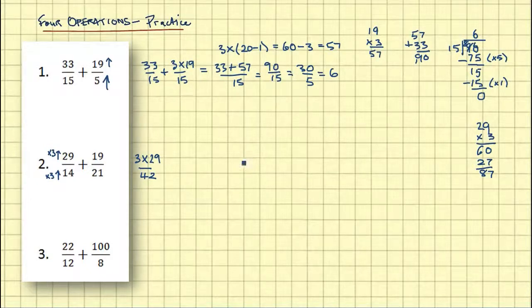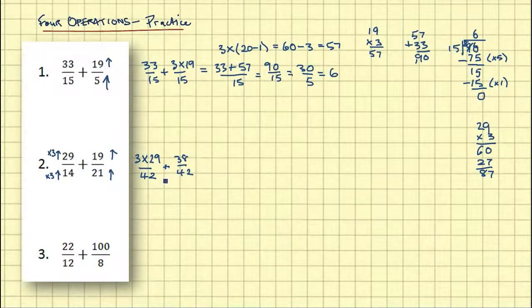Okay, so let's make some progress here now, because we need to get on with the problem. So 3 times 29, we've rewritten that. Well, let's just write the whole thing out first. So we've got 19 divided by 21. I'm going to increase that by 2, so double it. So I double the top. 2 times 19 is 38.